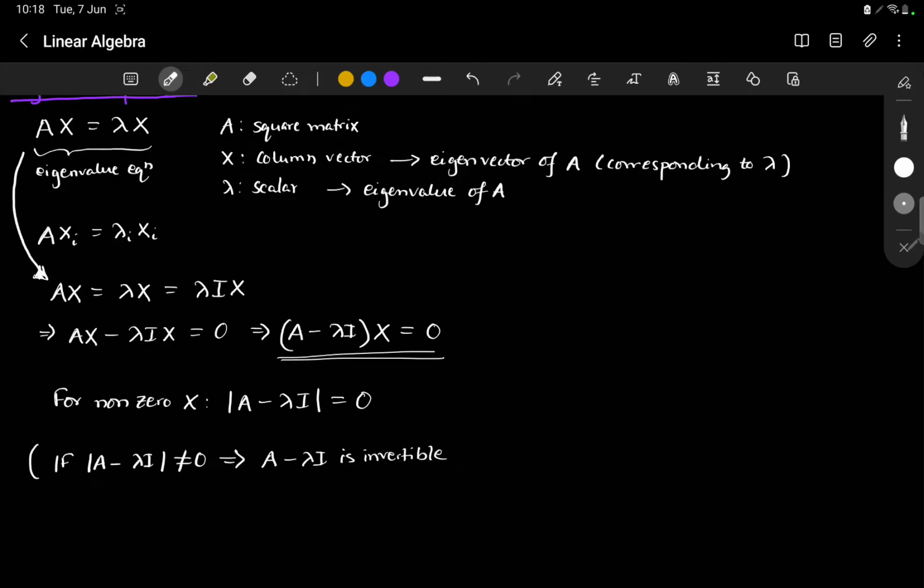So if it is invertible, its inverse will exist. So let us multiply the inverse of this matrix to this equation right here.